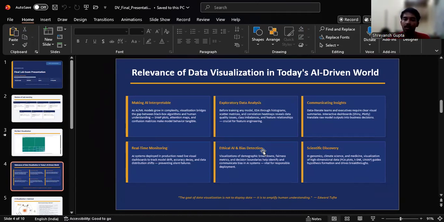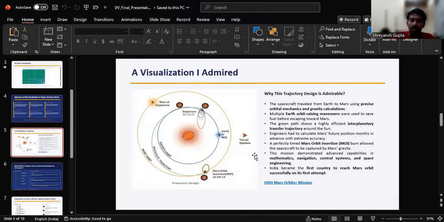In all these scenarios, we need to interpret the data and take insights from it. The more correct it is, the more prominent our model would be, and its accuracy will be higher. That is why data visualization has a great impact on AI-driven models and ML models.